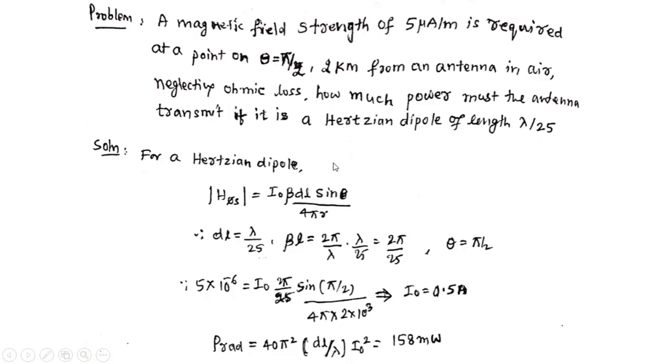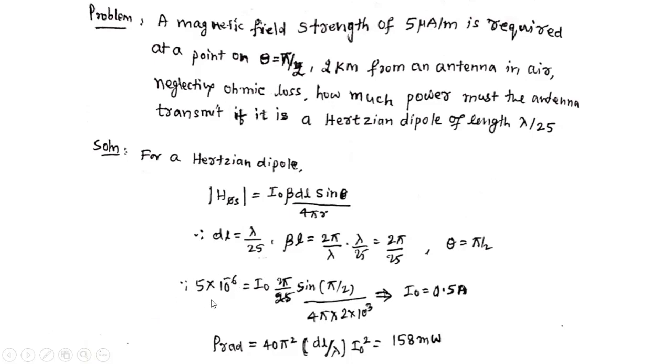We know that for a Hertzian dipole, the magnitude of the magnetic field in the phi direction is given by I naught beta dl sin theta divided by 4 pi r, but dl is given as lambda by 25. Therefore, beta L is equal to 2 pi by lambda into lambda by 25, so you will get 2 pi by 25, and given theta is equal to pi by 2.